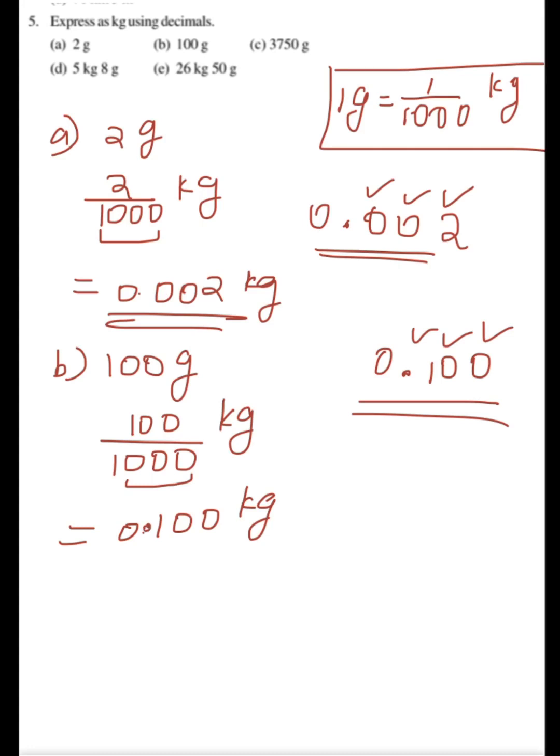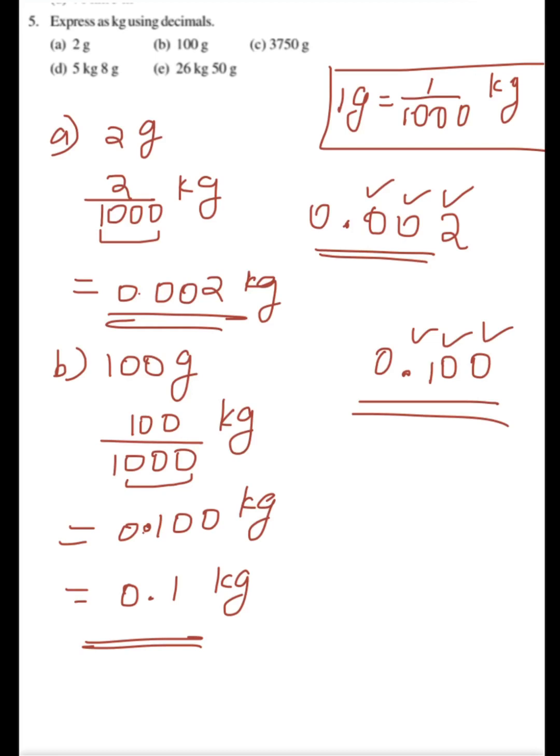Okay, so 0.100 can be written as 0.1 kg. Even if you are not writing this last zeros, there is no problem. But if zeros are coming in between, for example, if it's 0.101 means you have to write it. Okay, but here zeros are coming at the last. So you can write it as 0.1 kg, kilogram.